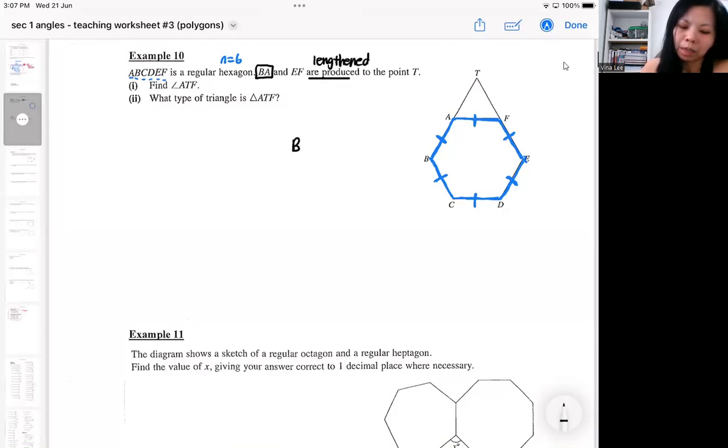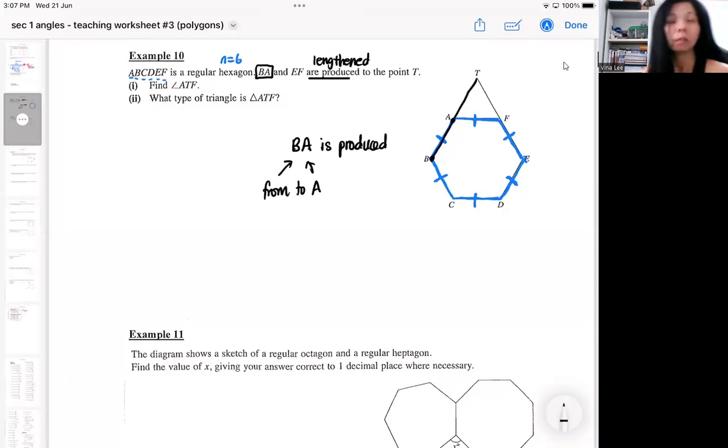So from B to A, you make it longer. That is the meaning of BA produced. BA produced means from B, you go to A, then you make it longer.